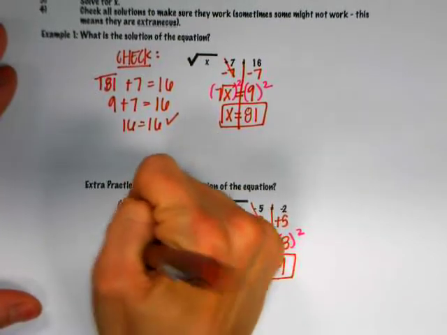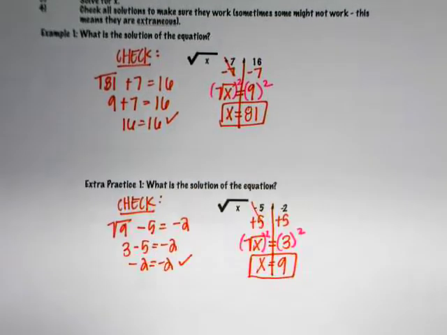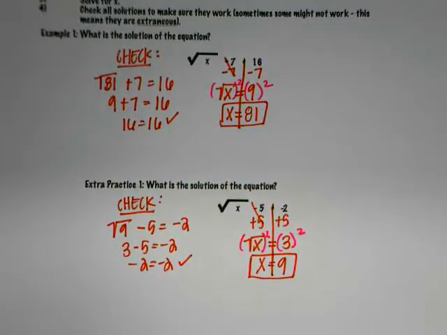So you get 3 minus 5 equals negative 2, which works. Very good. Okay. Good so far? Okay.